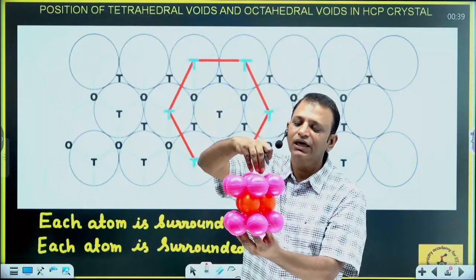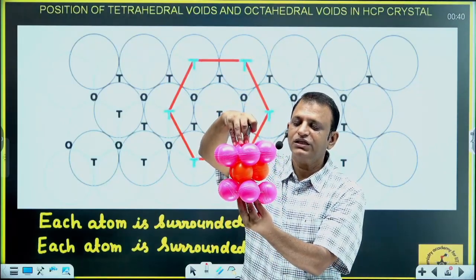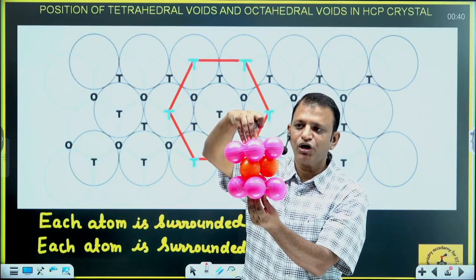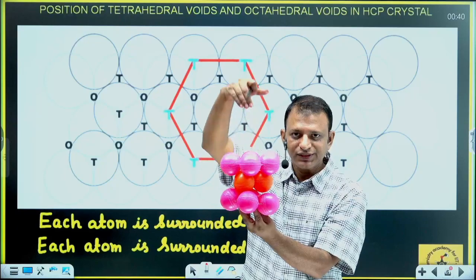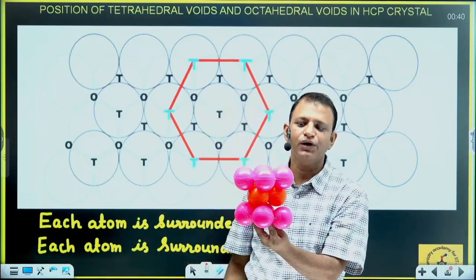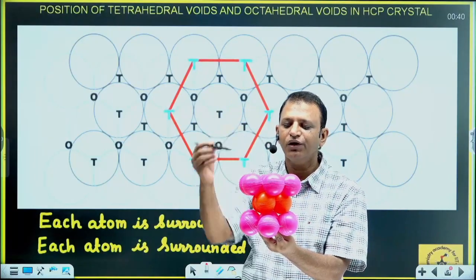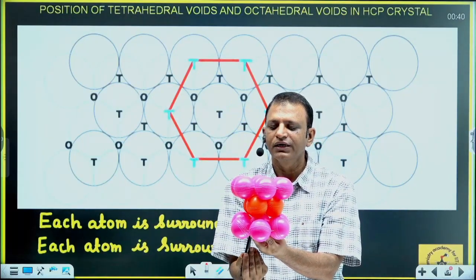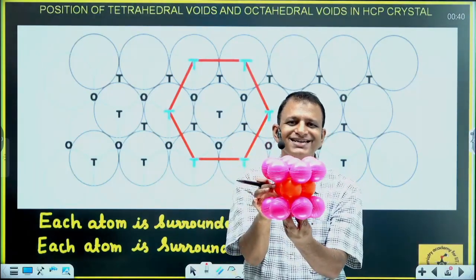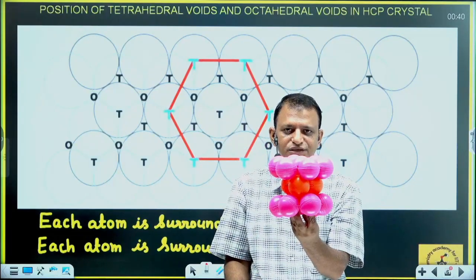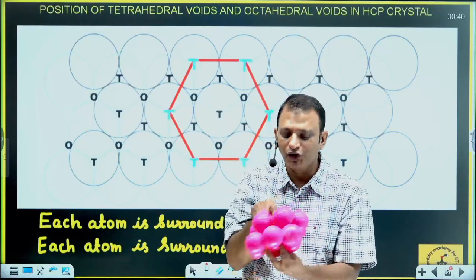So along the axis of this hexagonal prism, if I am touching the top face center and bottom face center, an axis is passing through that, and through that axis there are 2 tetrahedral voids. There is one tetrahedral void here, and one already discussed here, right? So with respect to each atom present at the center of this hexagonal prism, there is one tetrahedral void above it and one tetrahedral void below it.